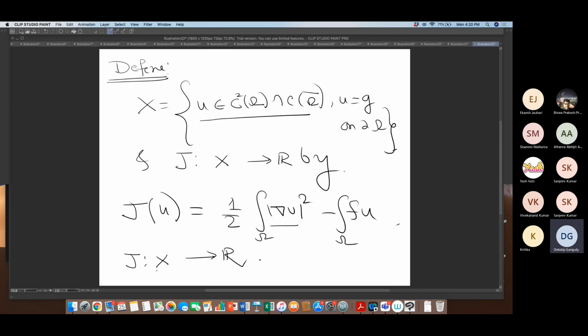Clear? Now what is your X? You know some functional analysis. X is a space of continuous functions, C2 intersection C omega closure, such that u takes the value g on del omega. Is that okay? So this is a function space.